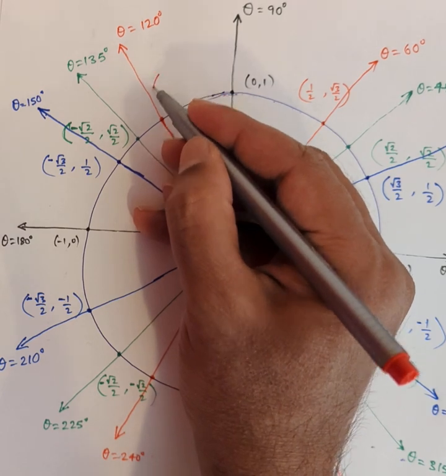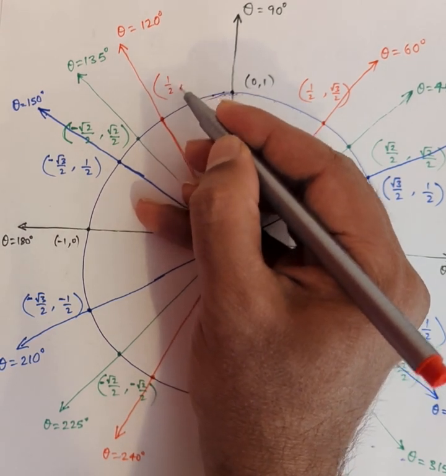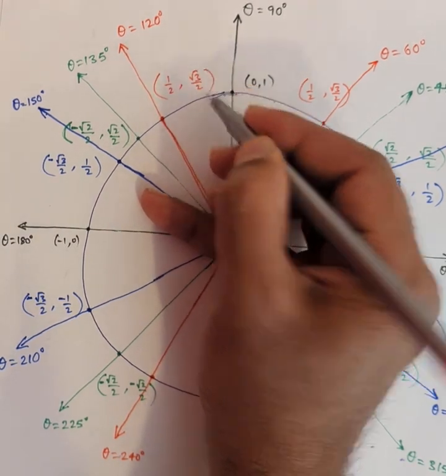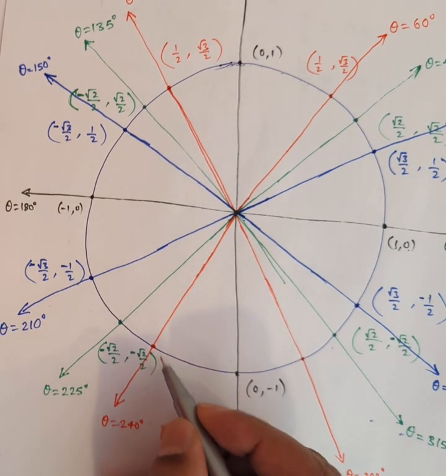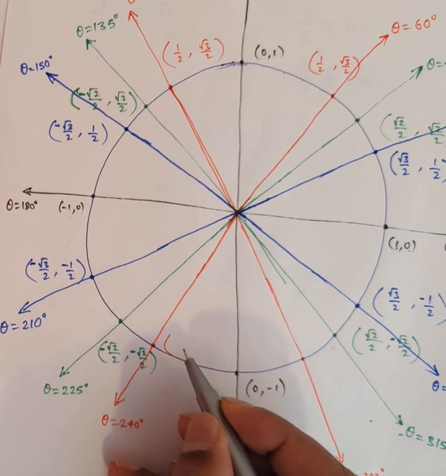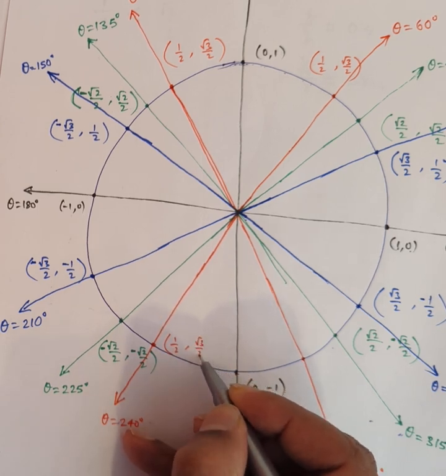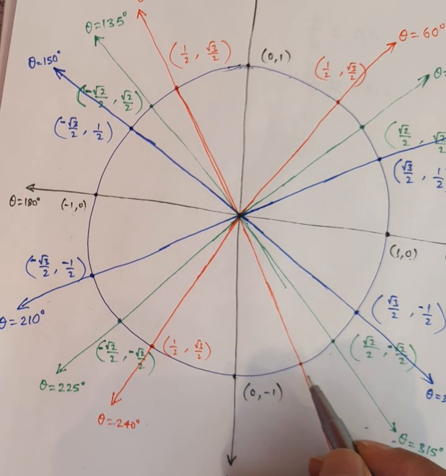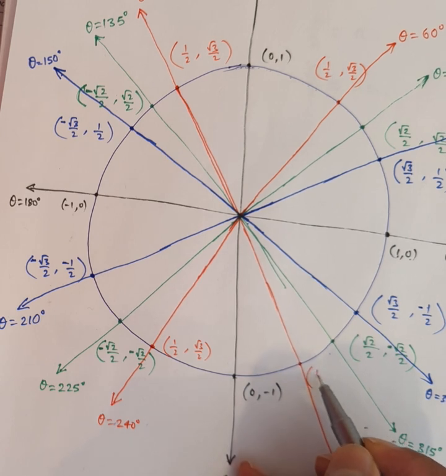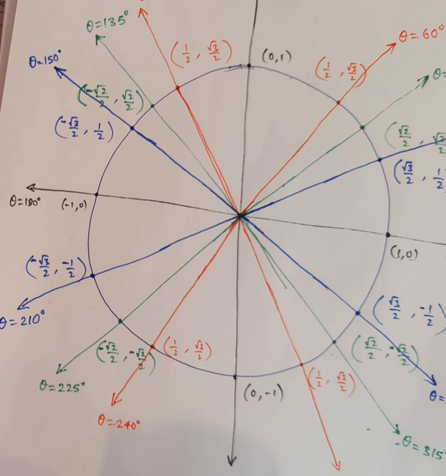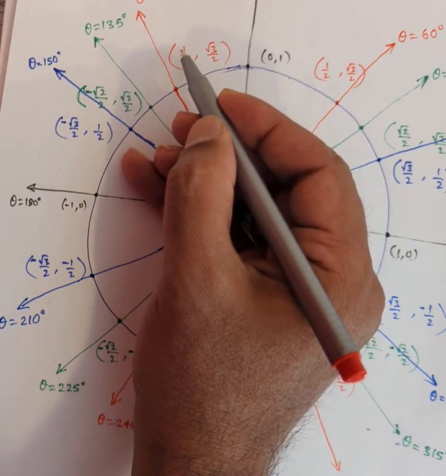Here also let's go ahead and do that, 1 half, root 3 over 2. Y has to be bigger, so this one is 1 half, root 3 over 2, and this one is 1 half, root 3 over 2, and time to supply the missing negatives.